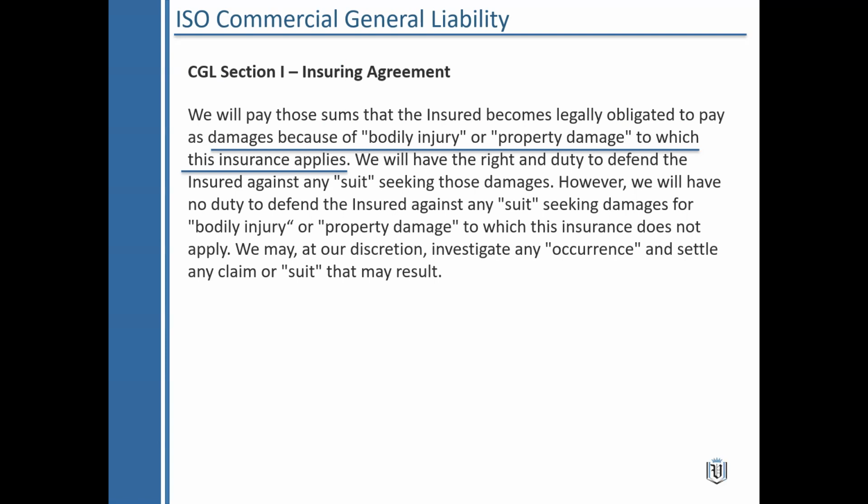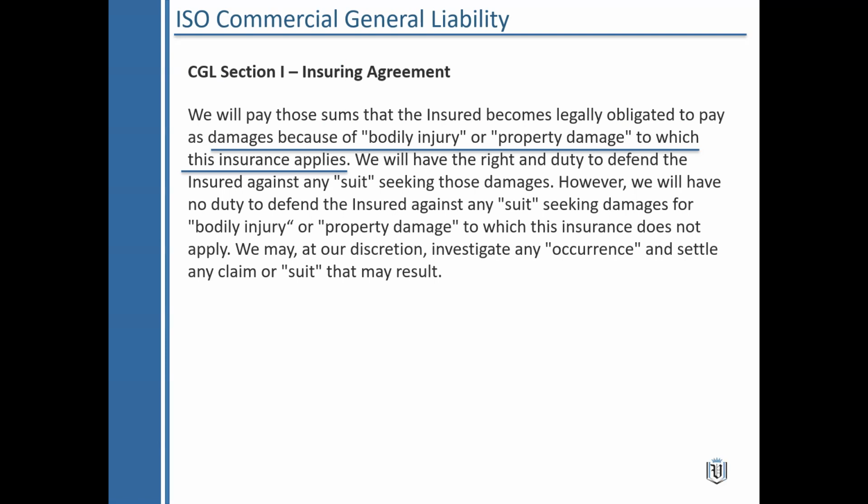Then it goes on and talks about defense costs, but if the insurance doesn't apply to a claim, they don't have to respond to it. So in liability, again, it's bodily injury and property damage to which you become legally obligated to pay to somebody else. That's the overall general insurance coverage.